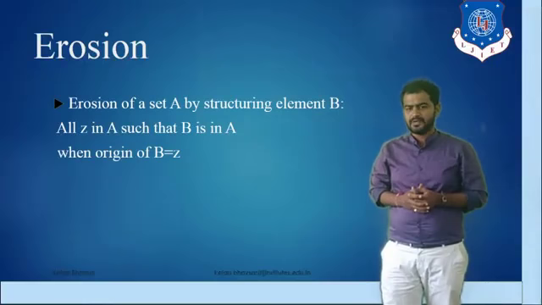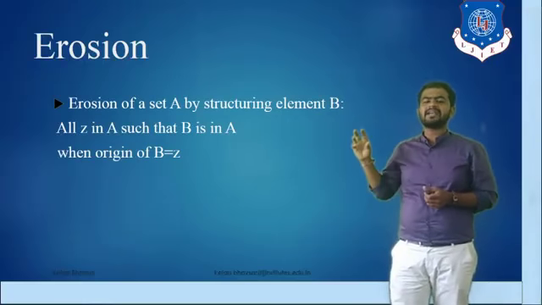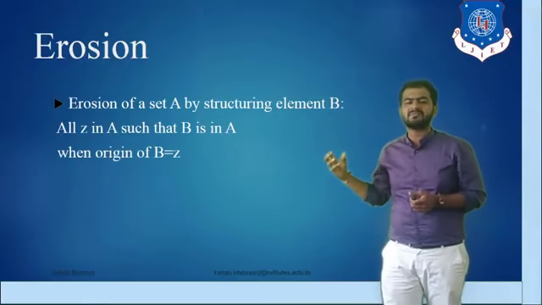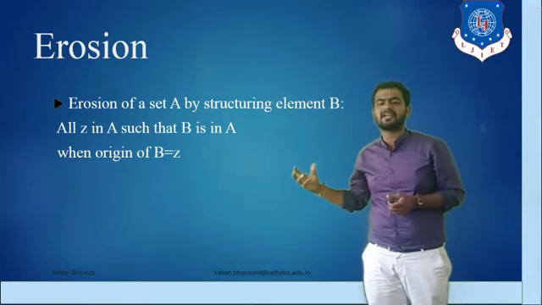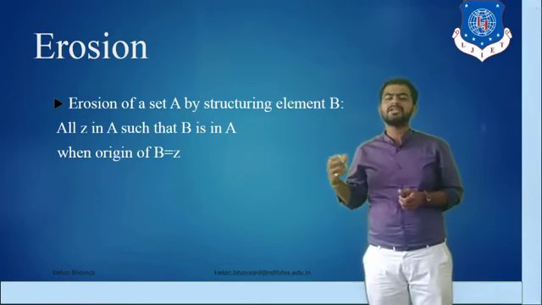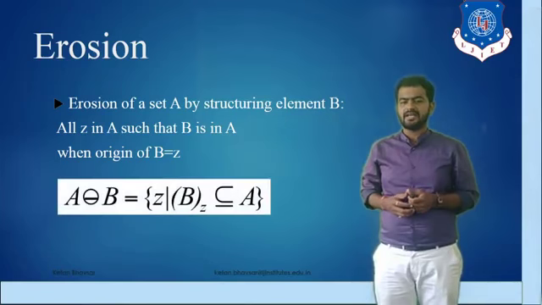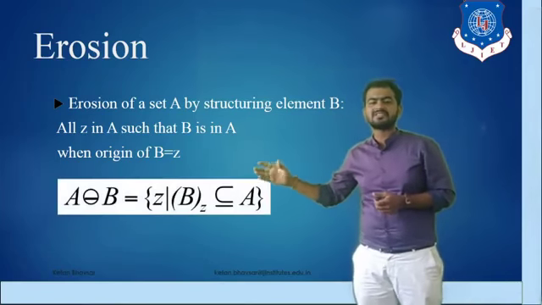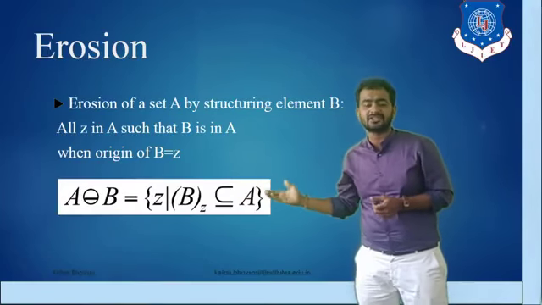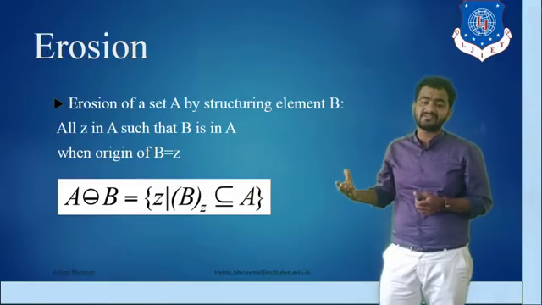Now what is erosion? Erosion of a set A by structuring element B is all the z in A such that B is in A when the origin of B is equal to z. Now these are the mathematical terms. Suppose z is the element, and A and B both are structuring elements, or we can say images.